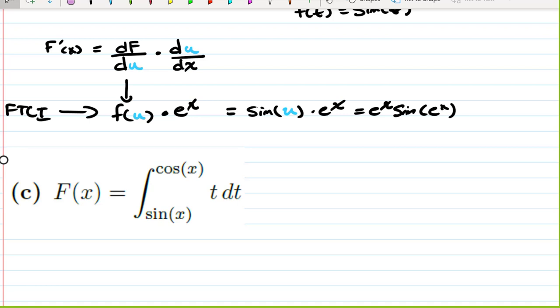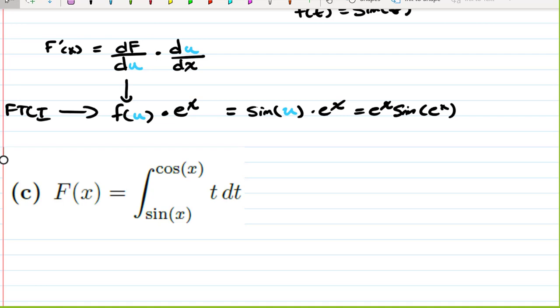So we look at this and we're like, we've never had one where both limits of integration are a function of x. So this one, we're going to have to use some properties again.